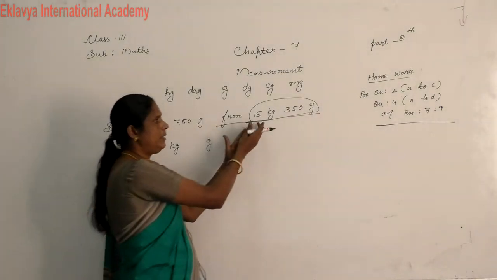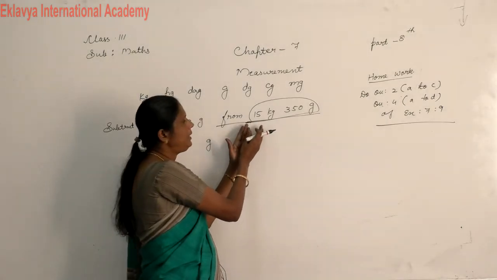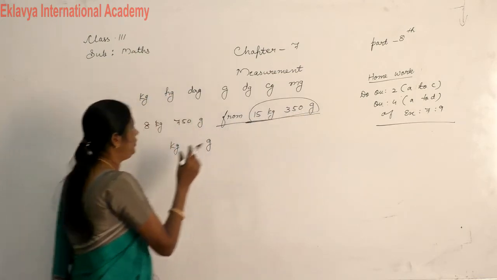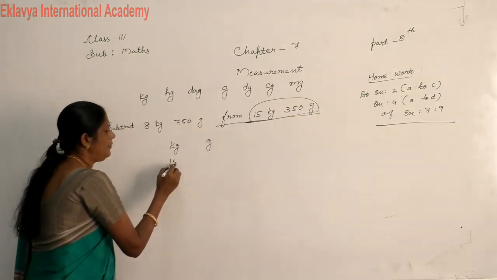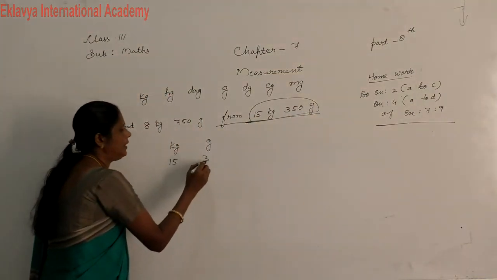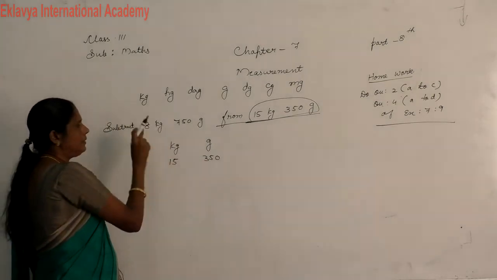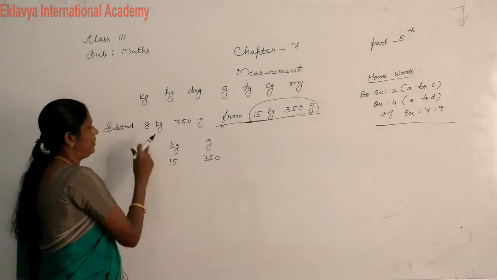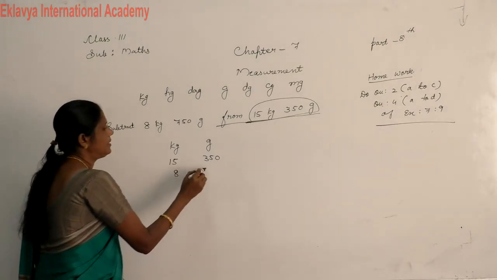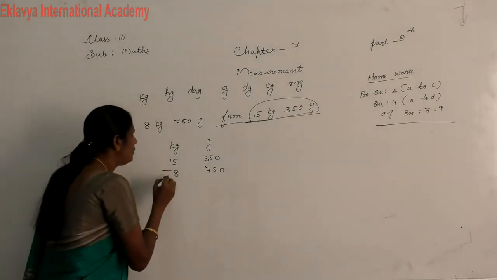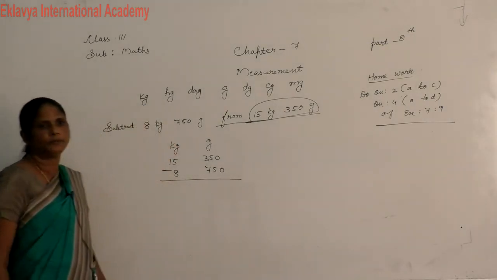Now the second number is 15 kg 350 gram. You write 15 kg and 350 gram. Then you write the first number, 8 kg 750 gram. Now you subtract.